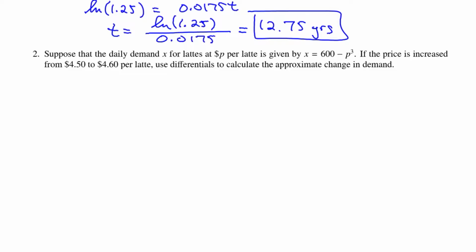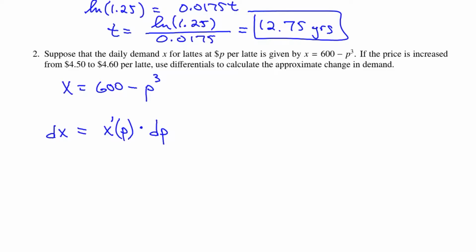So first, what will the differential formula be? We have x = 600 − p³. We need a differential formula that's going to be dx equals the derivative, x′(p), because x is now a function of p, the price, times the differential of the price.